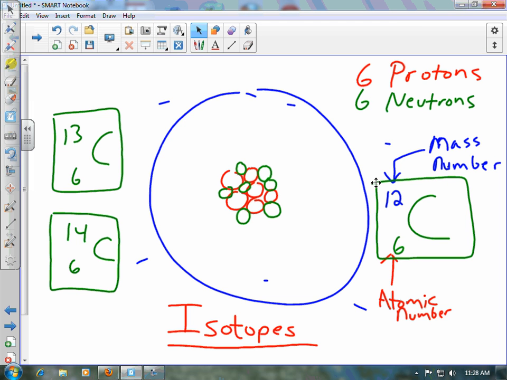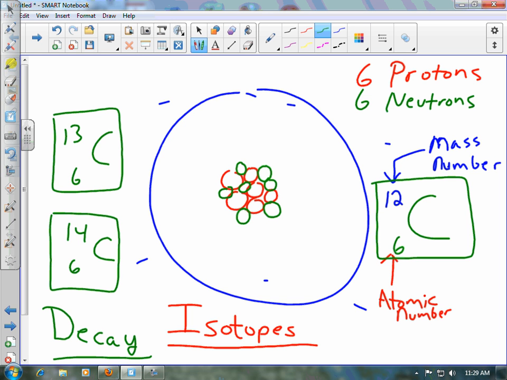And the reason is it doesn't break down over time. But the other versions of carbon will stick together for quite a while, but then at a certain point they will spontaneously decompose. And this is a process called radioactive decay, and we'll talk about this in detail. But all of the isotopes decay except for the one that is found in nature most abundantly.